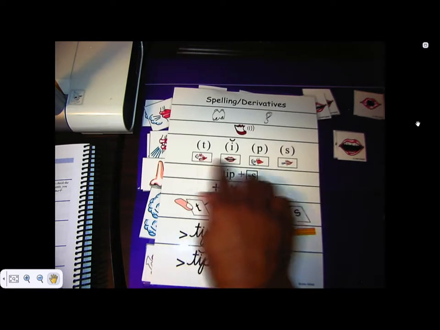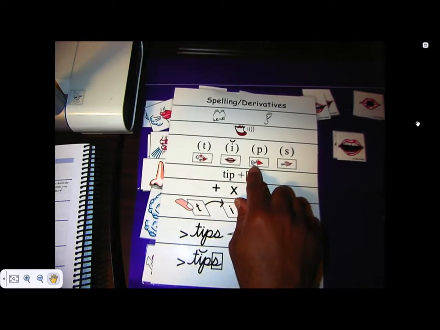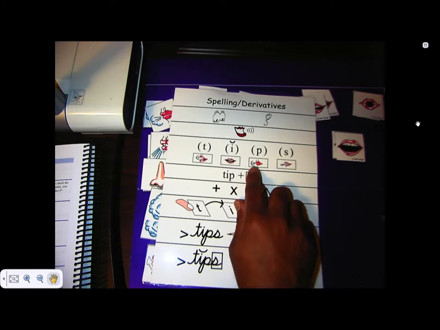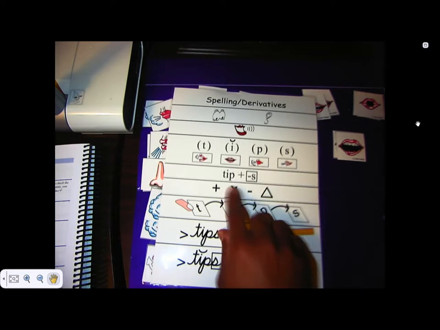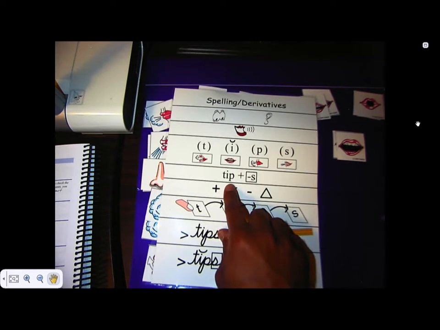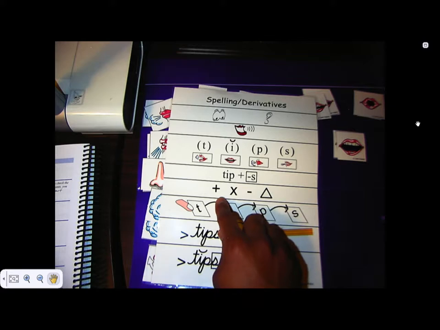You're going to unblend and pull. We'll unblend and we'll pull down the sound pictures. Once we do that, we're going to identify the base word and the suffix. And then we'll make a decision about how to spell the words.